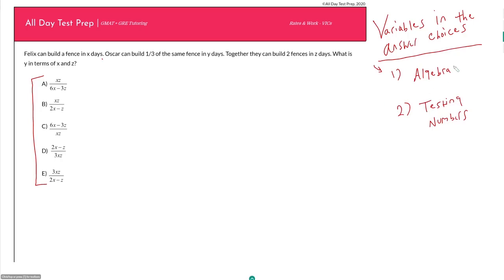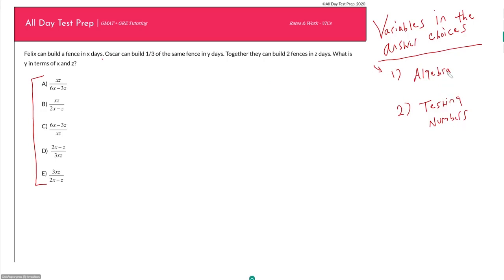And so when can I do these VIC questions algebraically? Well, usually it is when I get a VIC question that is a type of question that I'm used to doing algebraically. So things like rates or percents or probability, I'm used to doing those types of questions algebraically. So I can usually do that when they give those as VICs. And so for this question, maybe we'll make two videos, once doing it algebraically and once testing numbers.